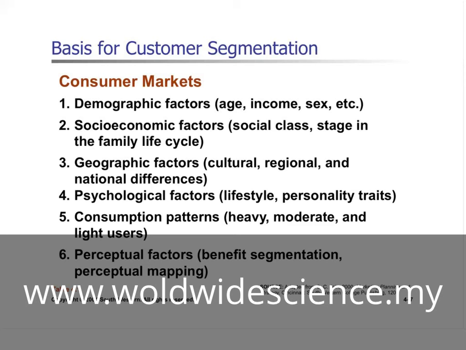They're used alternatively. And then socioeconomic factors, like social class and stage in the family life cycle. That is also very important. You want to know exactly what type of customers, with what social class and stage, you are talking to. Are they middle class customers, upper and lower end, the lower middle class?